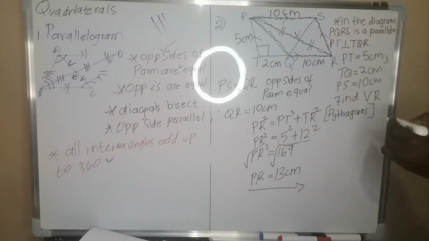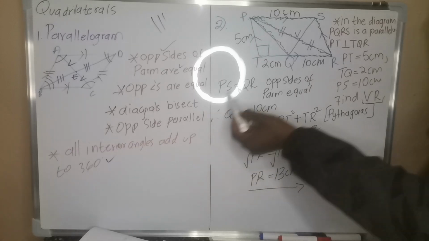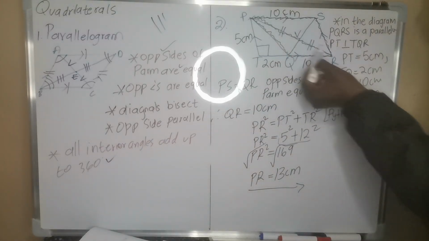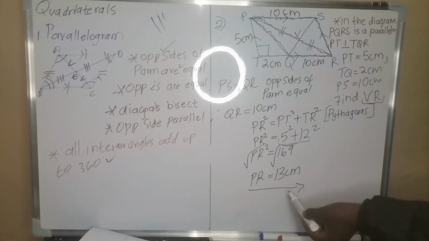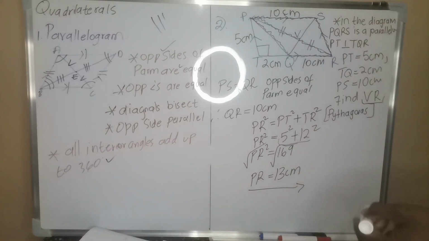Now I need to find the length of VR. How am I going to find VR? Since we know the diagonals bisect, that means PV and VR are going to share 13. What is the half of 13? It is 6,5.